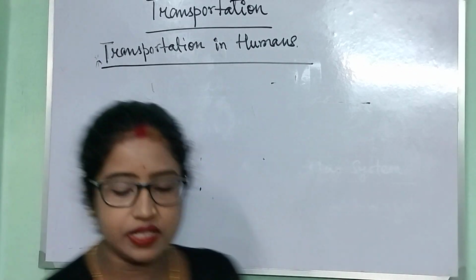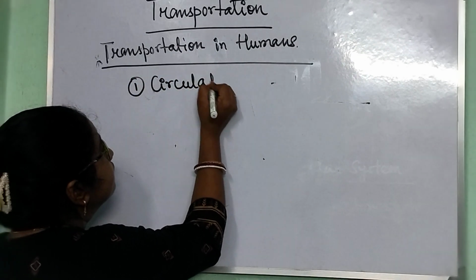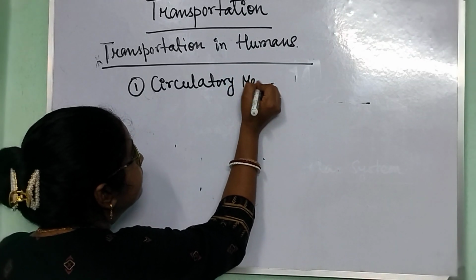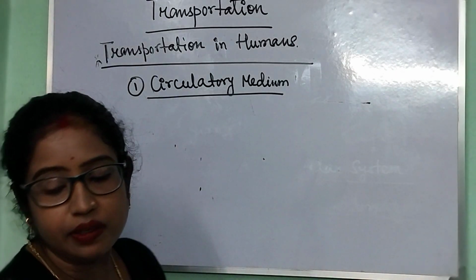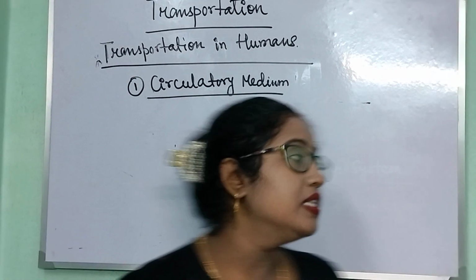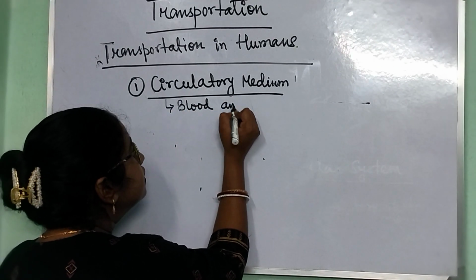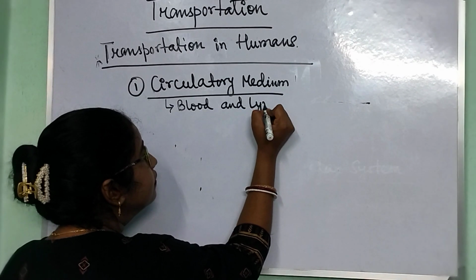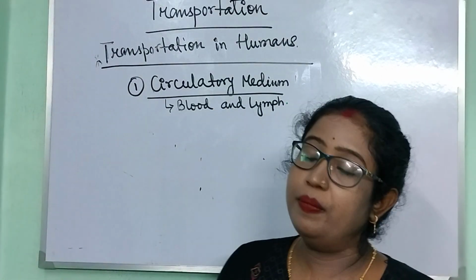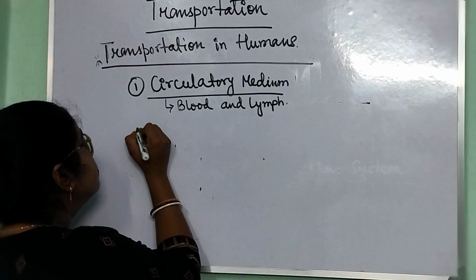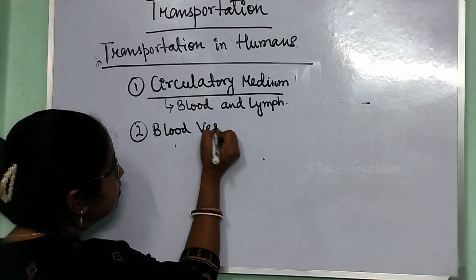The first one is the circulatory medium. Circulatory medium consists of blood and lymph. The second thing is blood vessels.